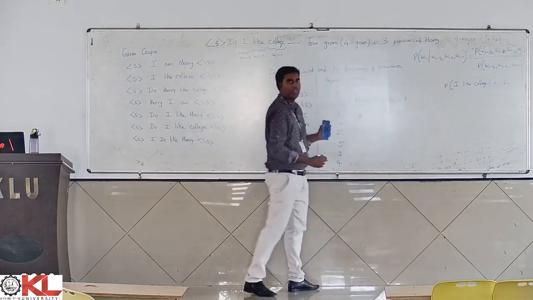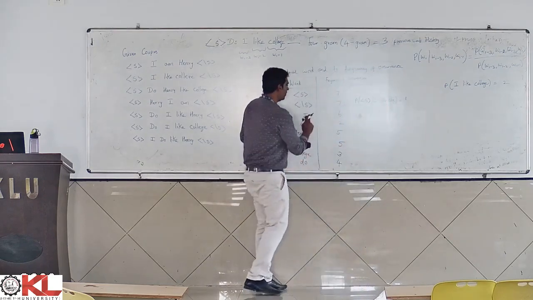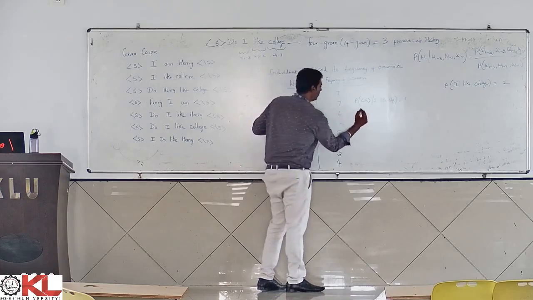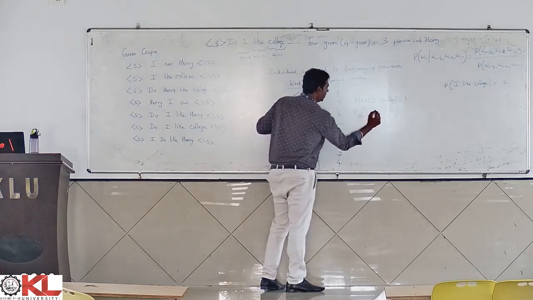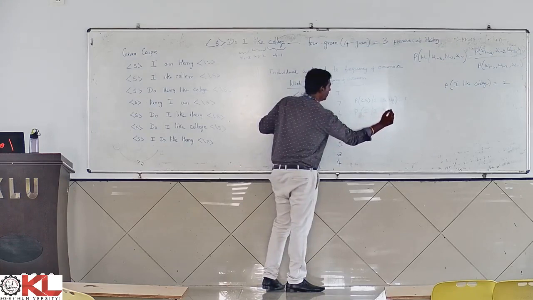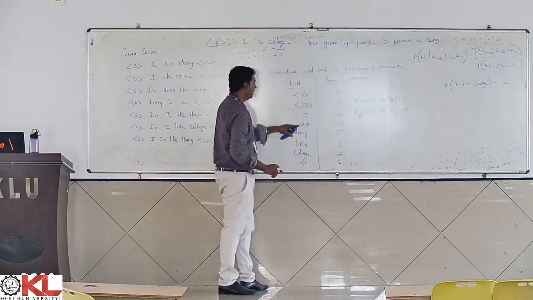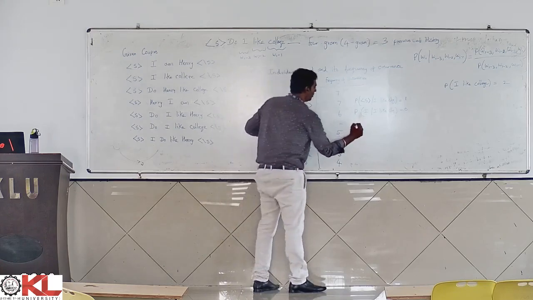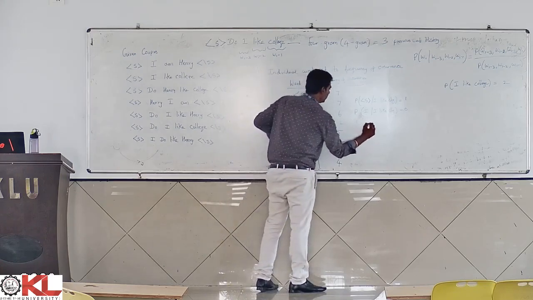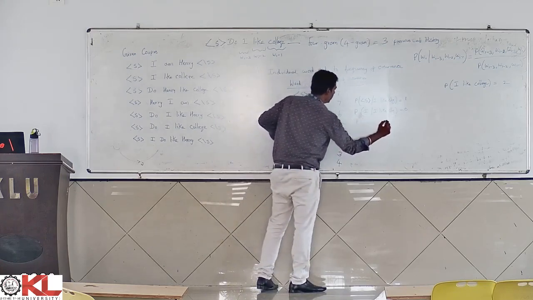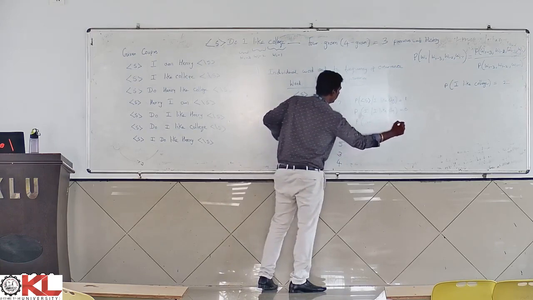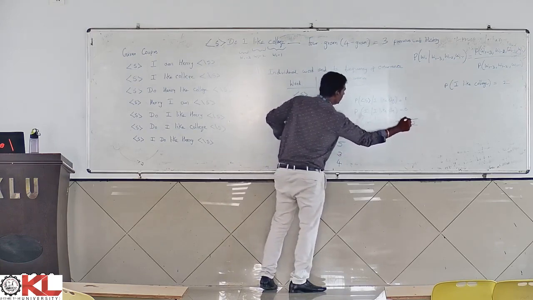Understood. Now I am checking the second word. The probability of occurrence of the word I after I like college will probably be 0. Next I am checking the probability of occurrence of the word am after I like college. The denominator value is 2.